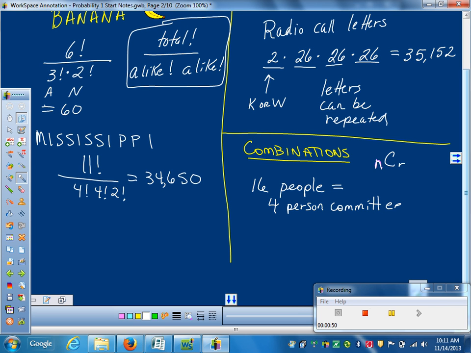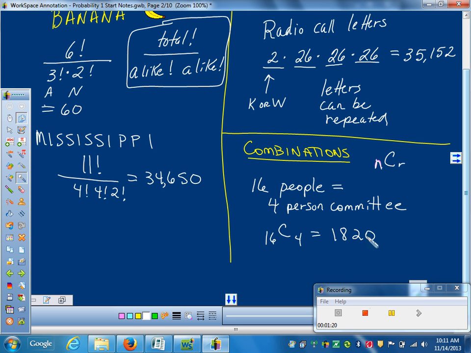How many different groups of 4 of them can I pick? I got 16 to start with. I'm picking 4 of you. And you're going to go to your calculator and let it do the work for you. 1820.